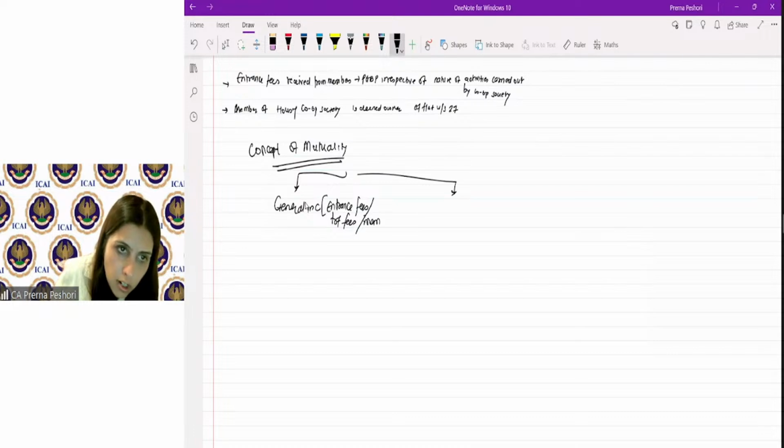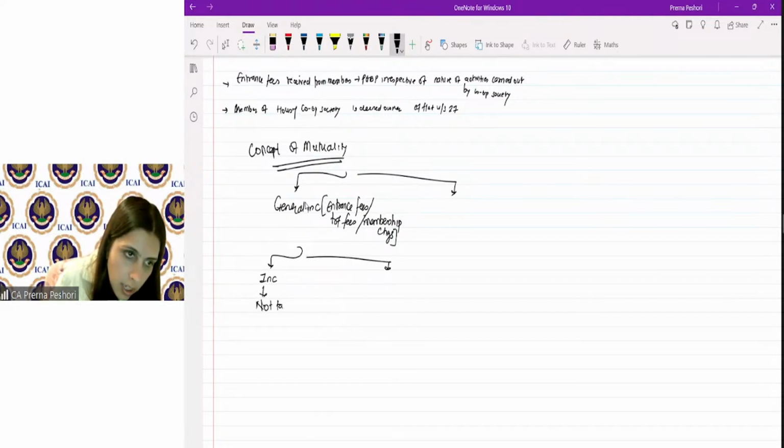Or membership charges. So whatever income is there, this is not taxable on the concept of mutuality, and the expense will also be not allowed.